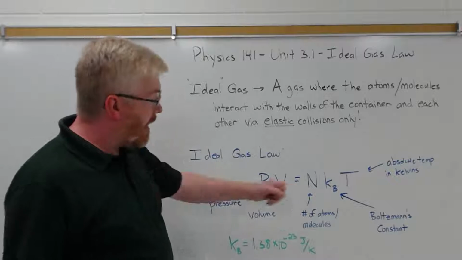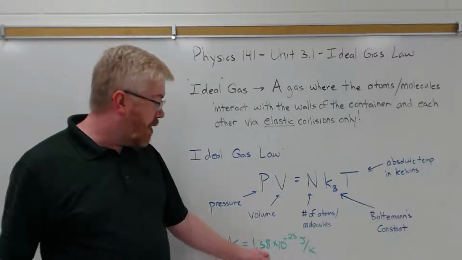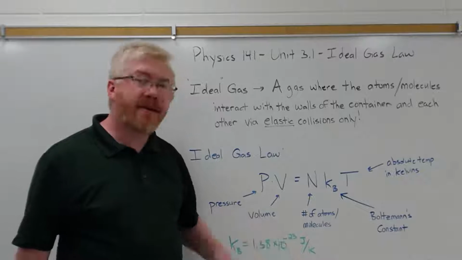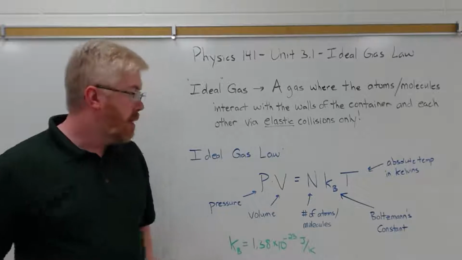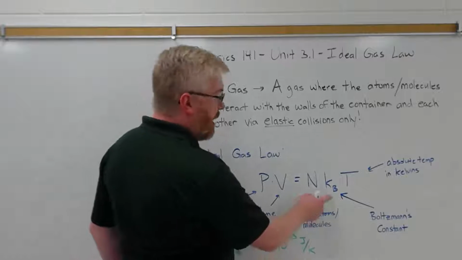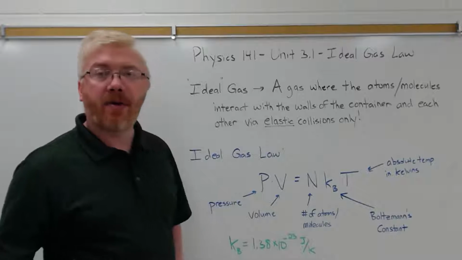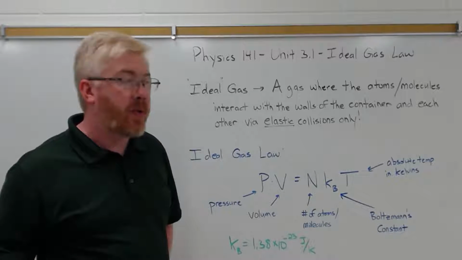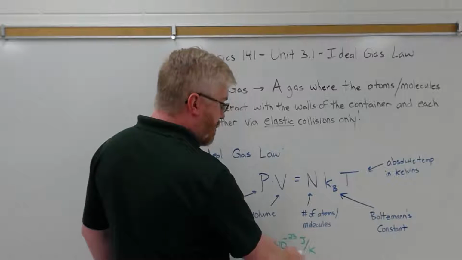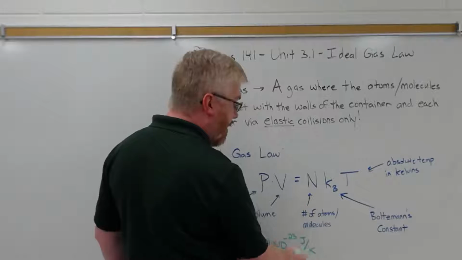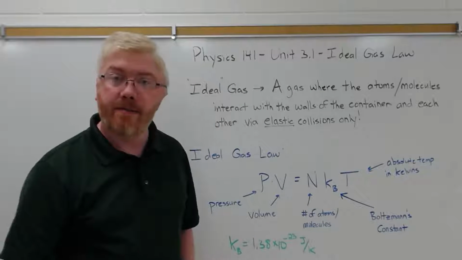Boltzmann's constant, given here below, is 1.38 times 10 to the minus 23 joules per Kelvin. So when you plug in Boltzmann's constant on the right, N is just the number of atoms or molecules. That's just a count, so that has no units. Temperature is Kelvin, so you multiply Boltzmann's constant by temperature in Kelvin, and you end up with the right-hand side just being joules, or energy.